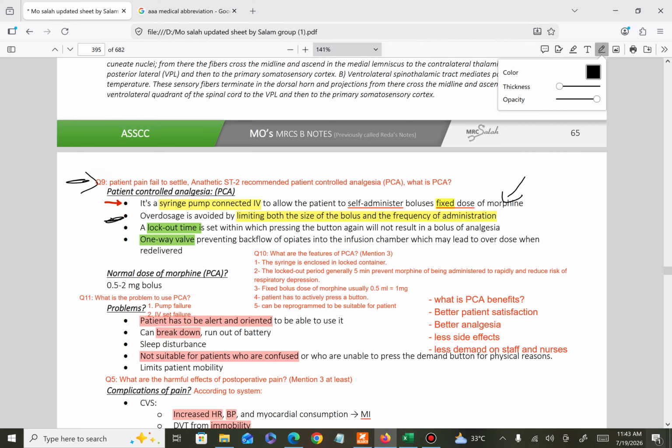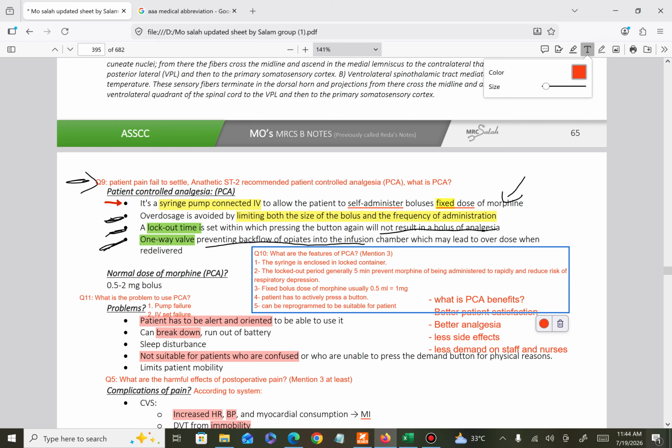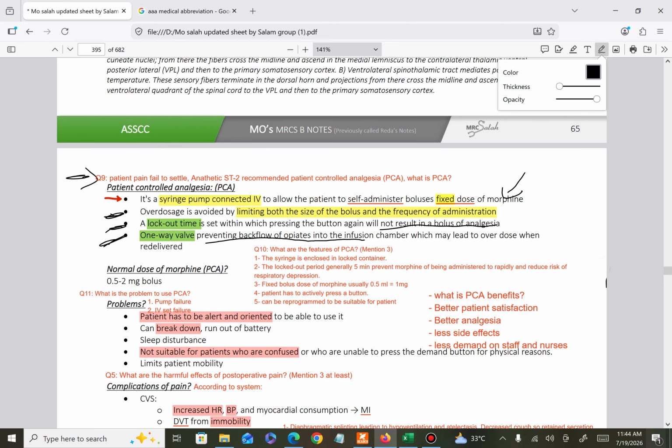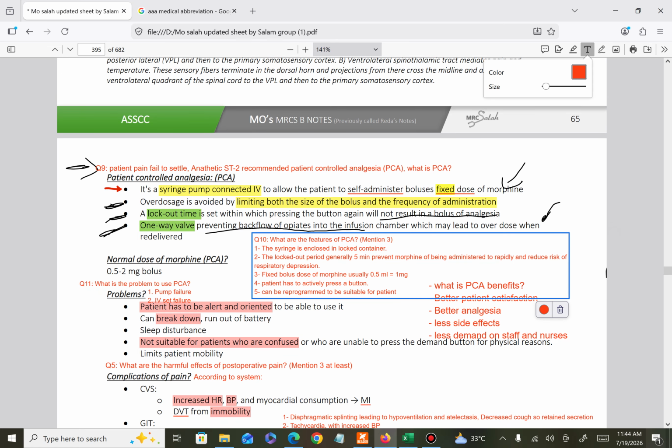Overdosage is avoided by limiting both the size of the bolus and the frequency of administration. A lockout time is set within which pressing the button again will not result in a bolus of analgesia, and there is a one-way valve which prevents the backflow of opiates into the infusion chamber, which may lead to overdose when redelivered.